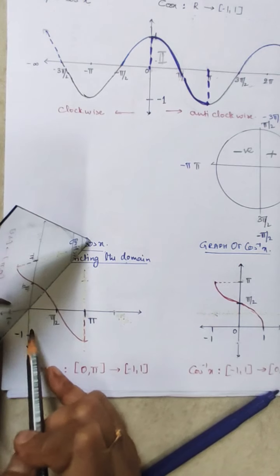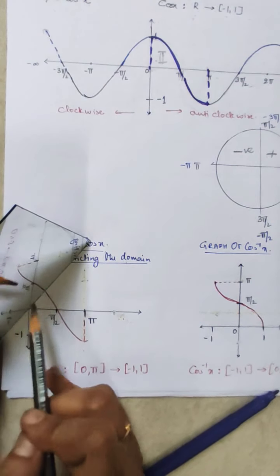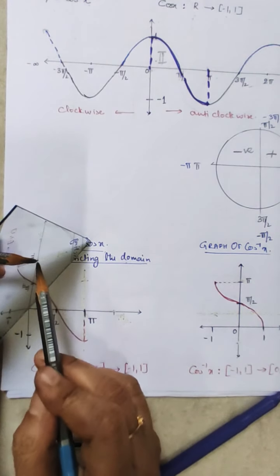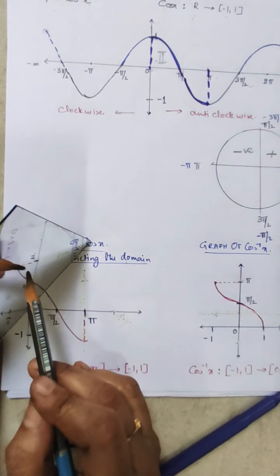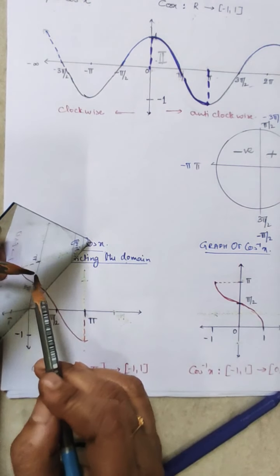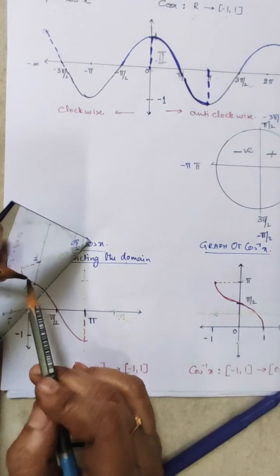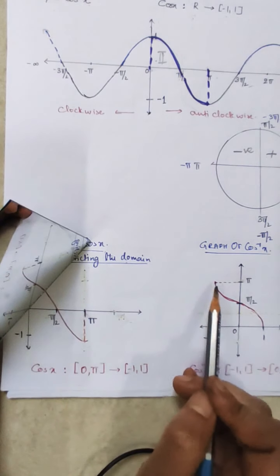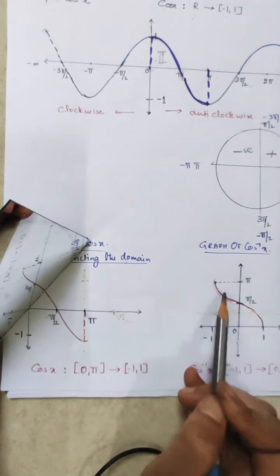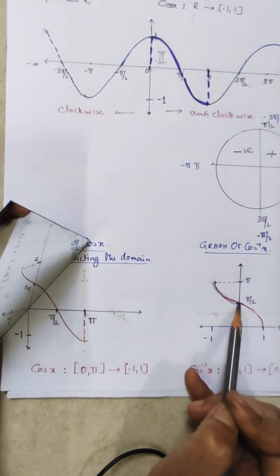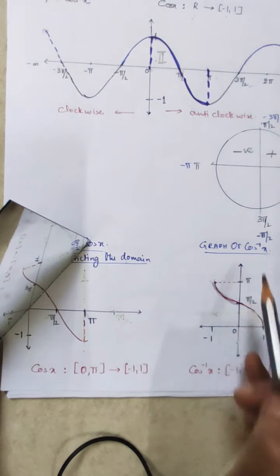You see the reflection, -1 is here, pi is over to this part. Now this curve which is seen on the mirror is the same image that we have drawn in this graph of cos inverse x.